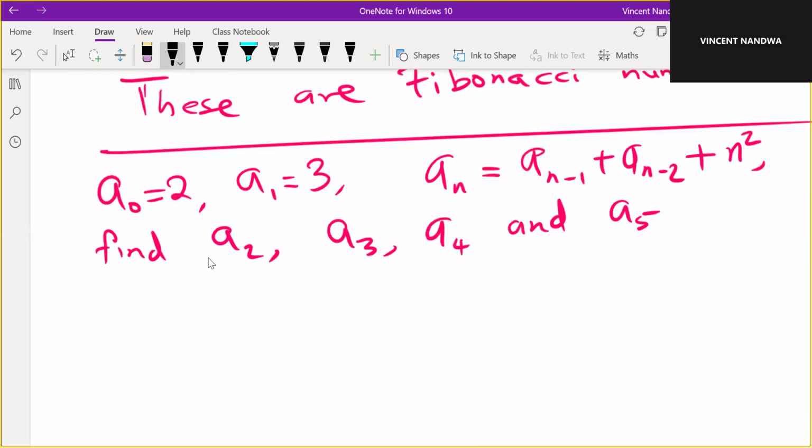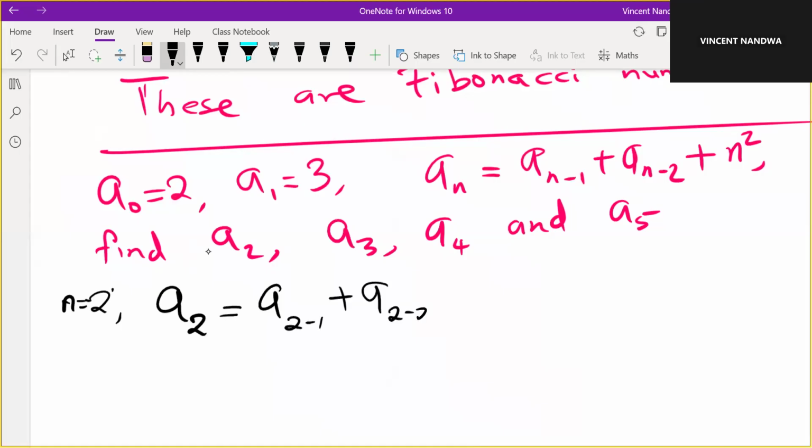So if this is the case, it is the same way we have done the previous two problems. You say when n is 2, then your formula will be a2 equals a2 minus 1 plus a2 minus 2 plus 2 squared. So where there's n, you replace it by 2. So this will give you a1 plus a0, plus 2 squared, which is 4.